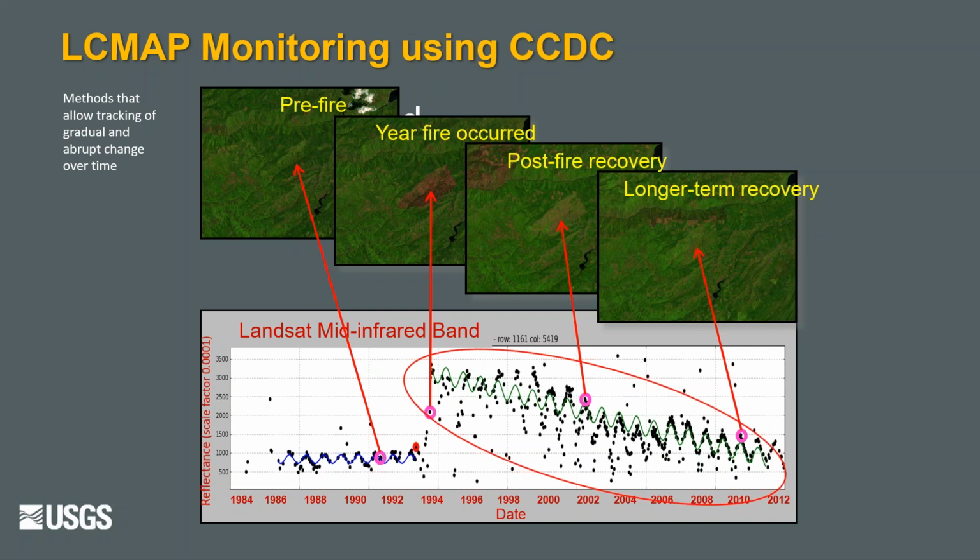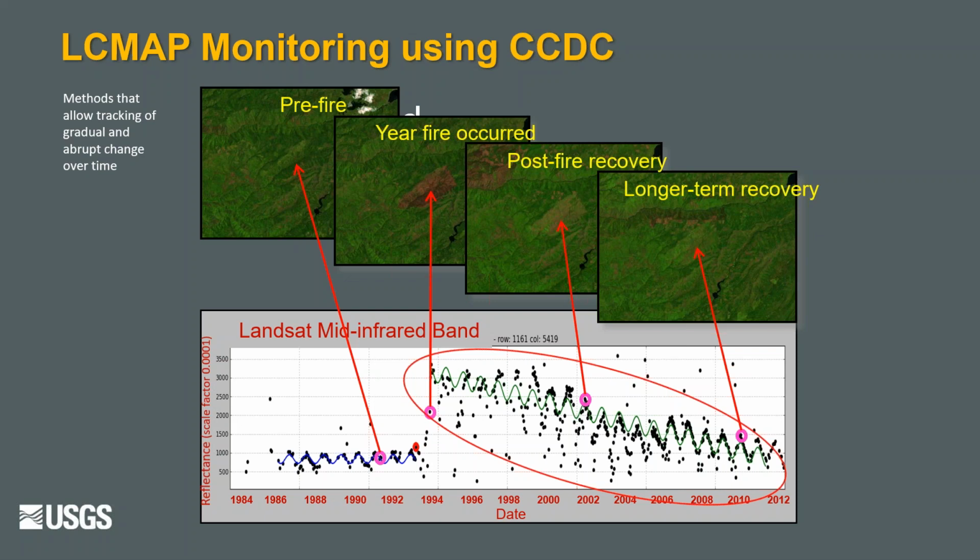The lower chart shows the behavior of that pixel, the reflectance of that pixel in the ARD in the mid-infrared band. We base our change detection on the green, red, near IR, and shortwave infrared bands. We don't use the thermal bands or the blue band to determine change.